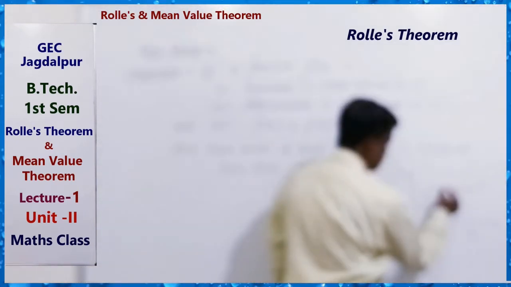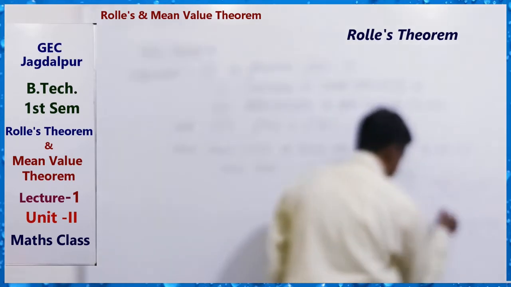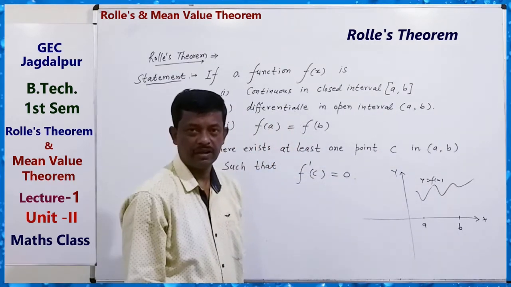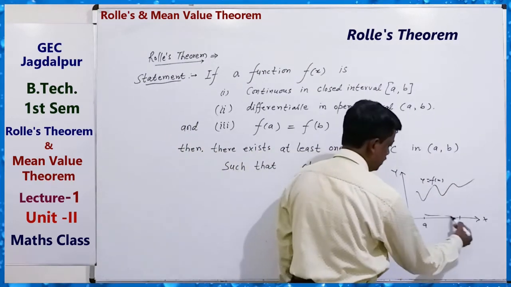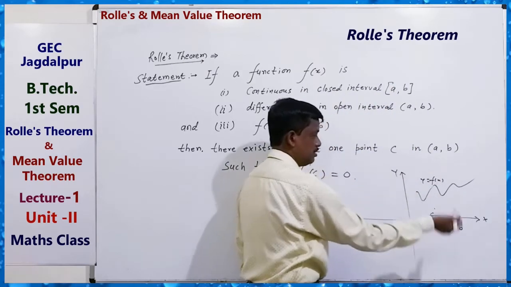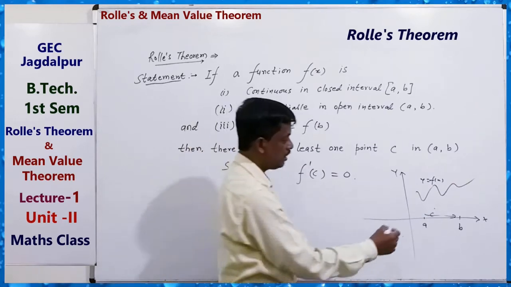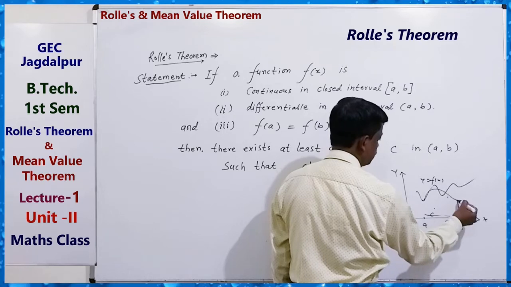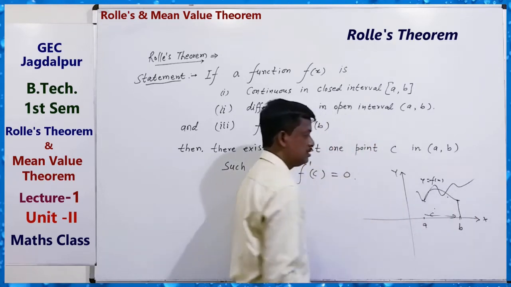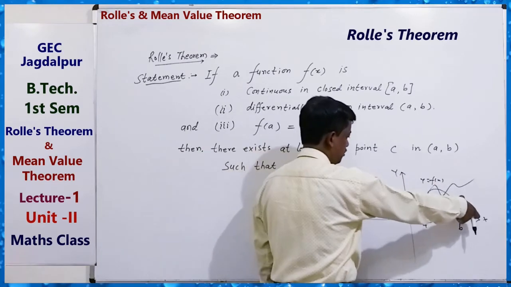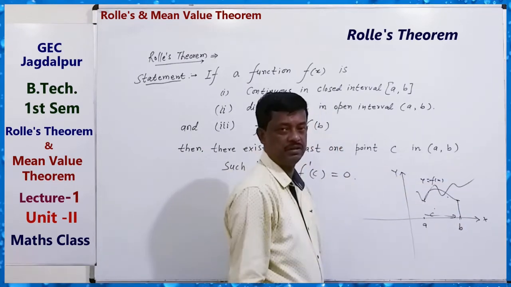The statement says if this is the function f(x), meaning y equals f(x), then in this interval it is continuous, and in the open interval it is differentiable. At the two corner points, f(a) and f(b), the value of the function, that is the value of y, is the same.